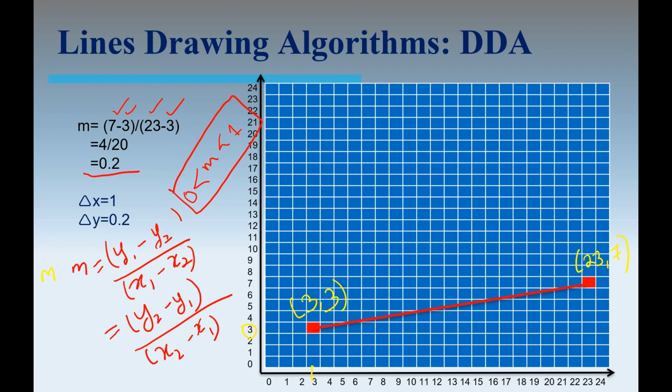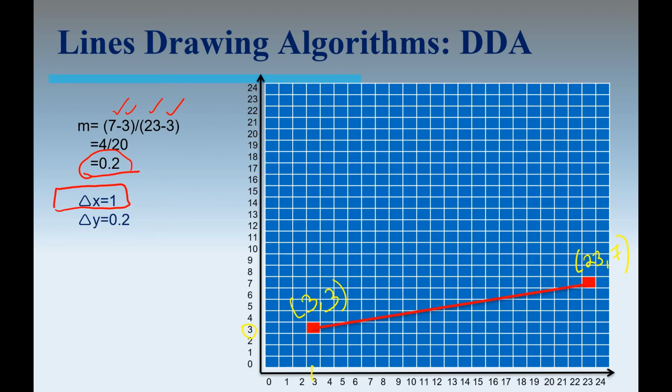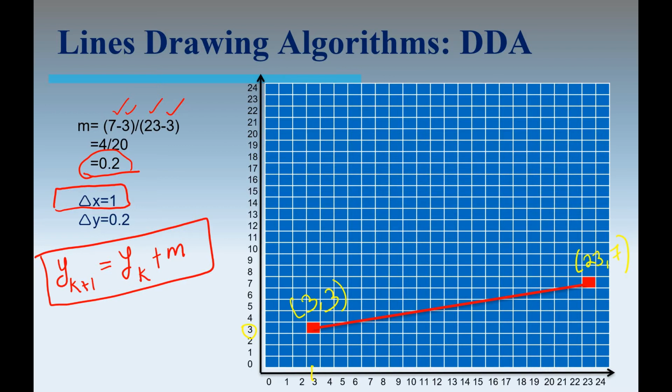Now, as a rule, when m is between 0 and 1, x should be taken as the unit step. As we have seen before, the value of yk plus 1 is equal to yk plus m. This is your formula. Now let us see how we can draw a line like this.